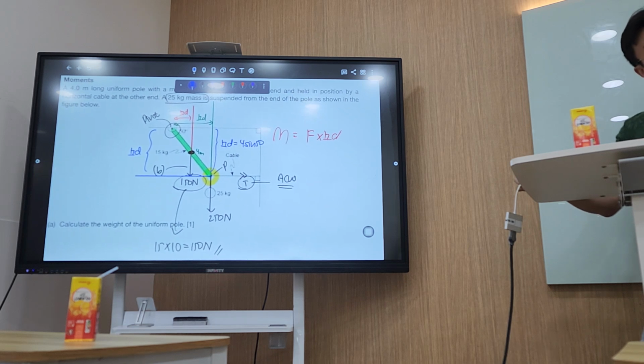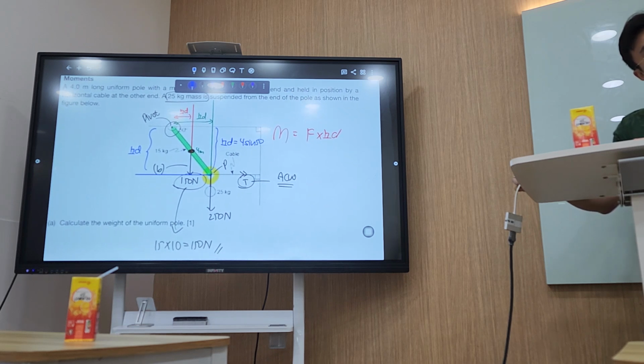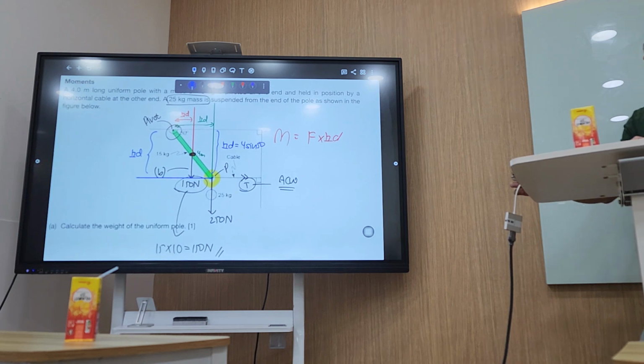You can also use the sine rule: sine 90 over 4 equals to sine 50 over your vertical distance, right?